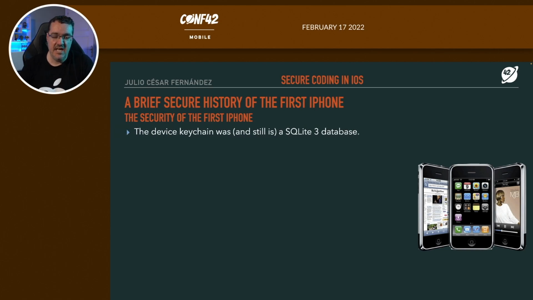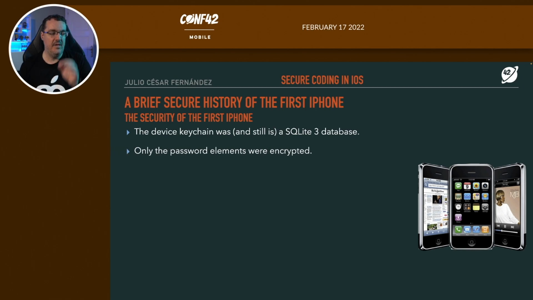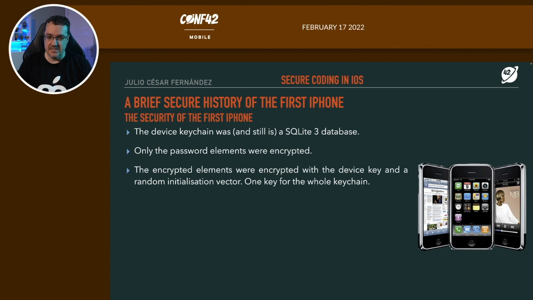The device keychain was and still is an SQLite 3 database, but most important, only the password elements were encrypted. The others were open in plain text. The encrypted elements were encrypted with the device key and a random initialization vector, but it was only one key for the whole keychain.